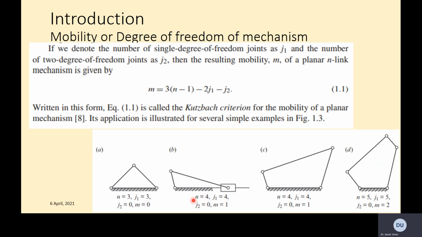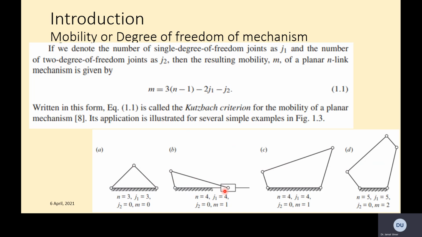So the next one is more like a slider crank mechanism, because this one is sliding and this one is rotating. So again, this has 4 links. This is link 1, this is link 2, this is link 3, and this is link 4, the slider. And all joints here are single degree of freedom joints. Why? Because, for example, the slider moves on a flat surface with just one dimensional rectilinear motion.